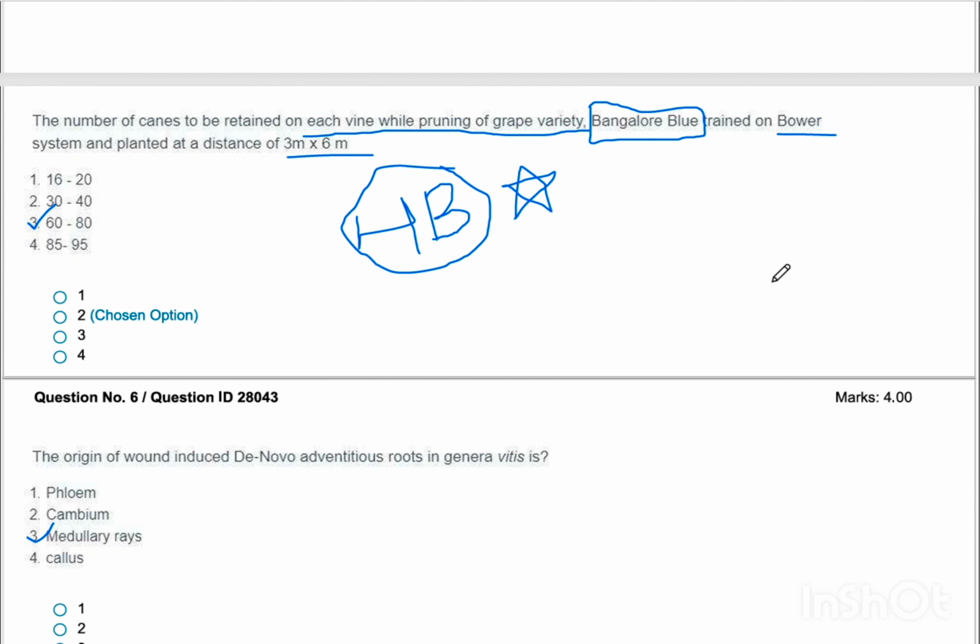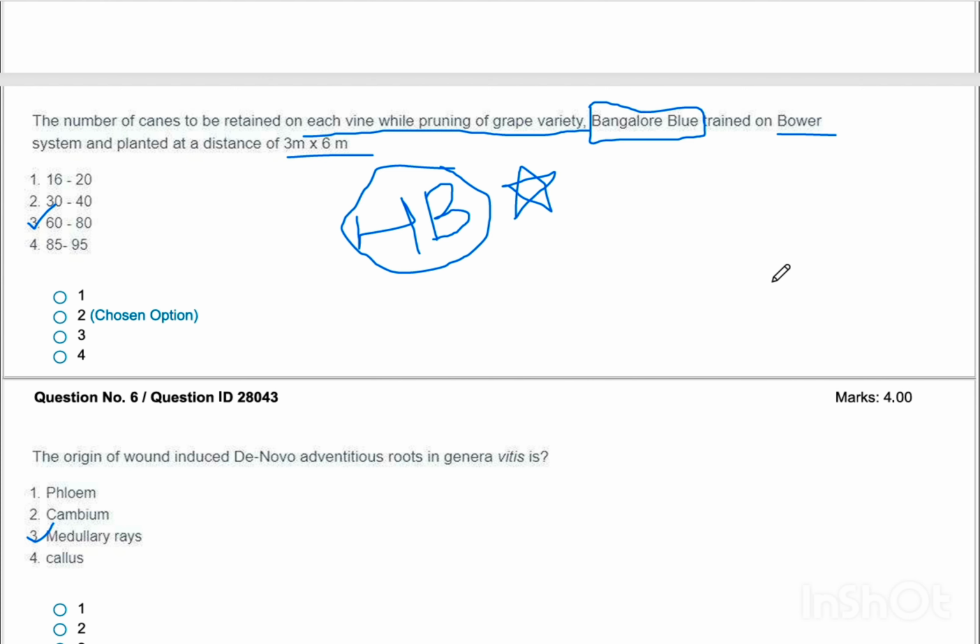Similarly, we have other ones also. For example, in the case of Sharad Seedless, at a planting distance of 3 meter into 6 meter and bower training system, the number of canes to be retained is 30 to 40.